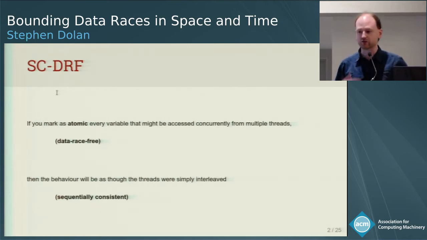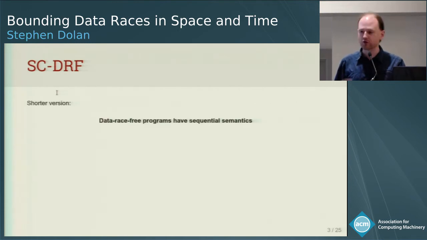And the property of having only the behaviors that you would see on a machine that interleaved threads is called being sequentially consistent. Hence the acronym that names this theorem: it's sequentially consistent if your program is data race free. A shorter version is: data race free programs have sequential semantics. This is essentially how you try to write programs in C++ and Java. You try to ensure that your program is data race free, and then you just reason about it as though it were running on a sequential machine.